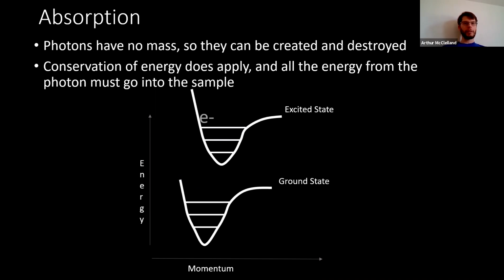There are some key points about this cartoon. You'll notice that the transition was purely vertical, and we went from the lowest energy level in the ground state to the third energy level in the excited state. So typically, light interacts with the electrons because they have so much less mass than the nuclei of the sample. And the vibrational energy levels have to do with the nuclear motion of the sample.